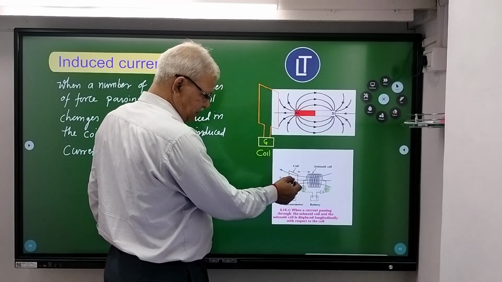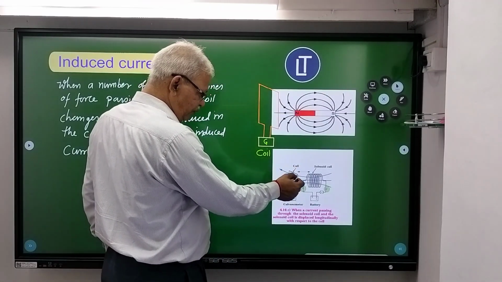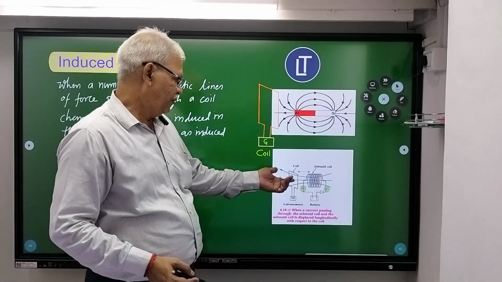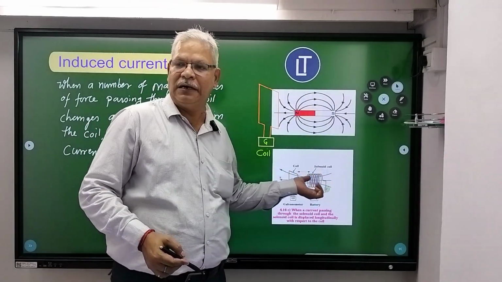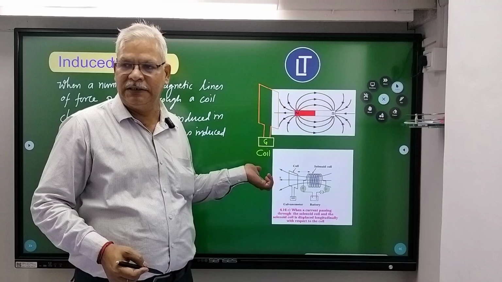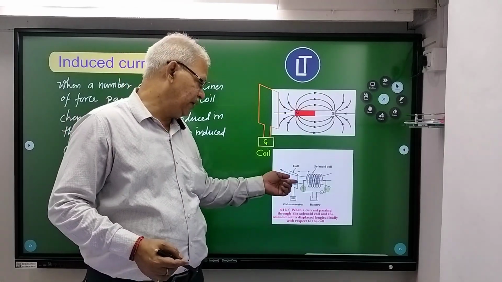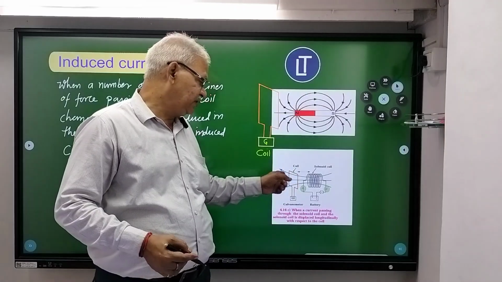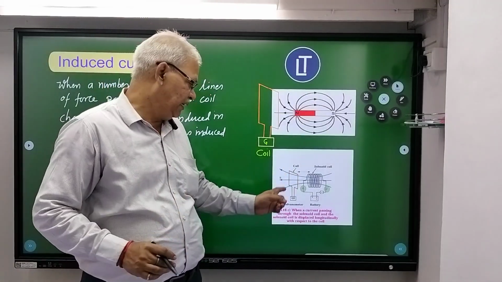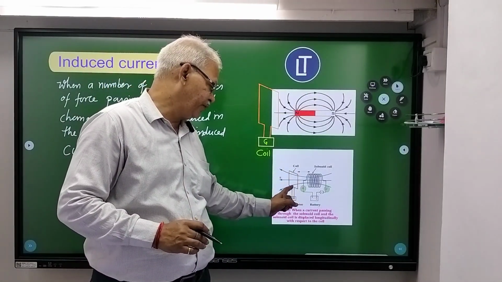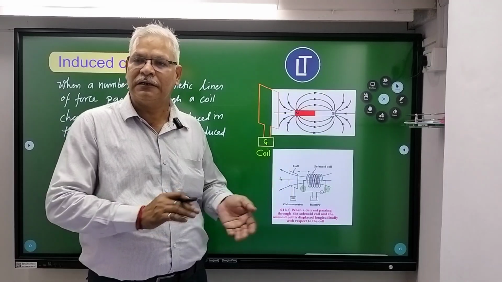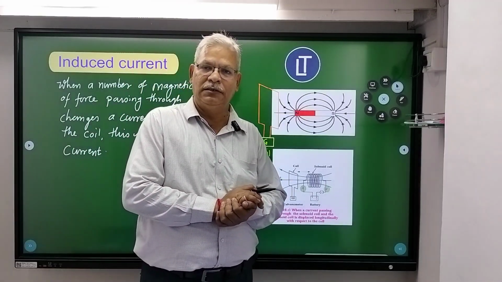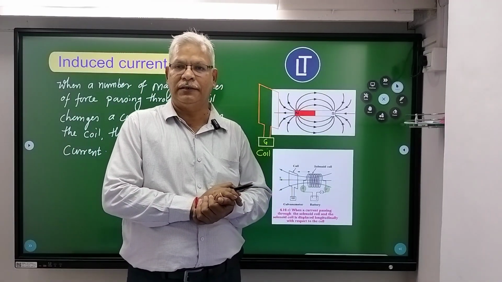As soon as you will move this coil either in the forward or in the backward direction, what will happen? The number of lines of force passing through the coil will change. A current will flow from the coil. That current is called the induced current.